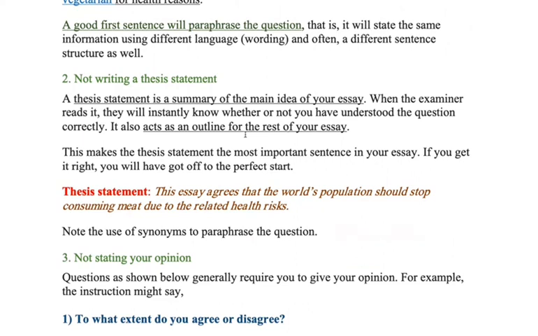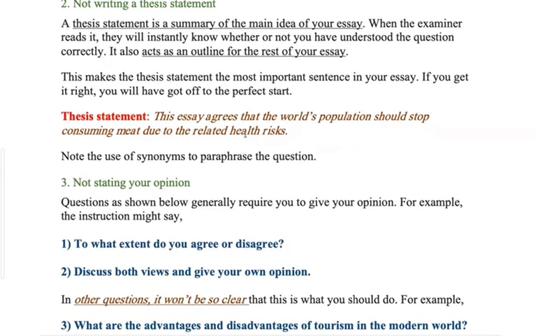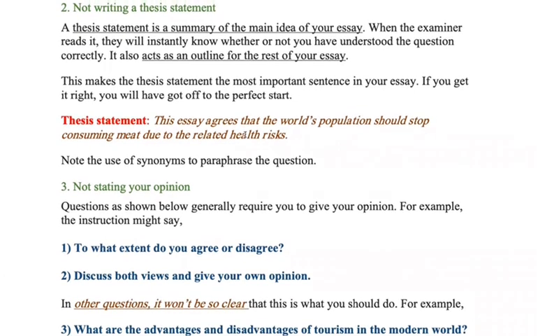Moving on to number 3, not stating your opinion. That's essential, again, to say your opinion. Some questions are direct, which ask you to state your opinion. Some of these questions might look like, number 1, to what extent do you agree or disagree?